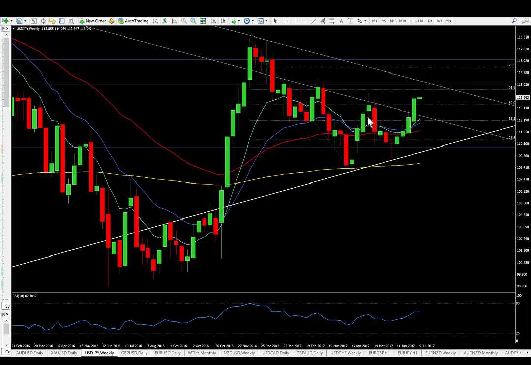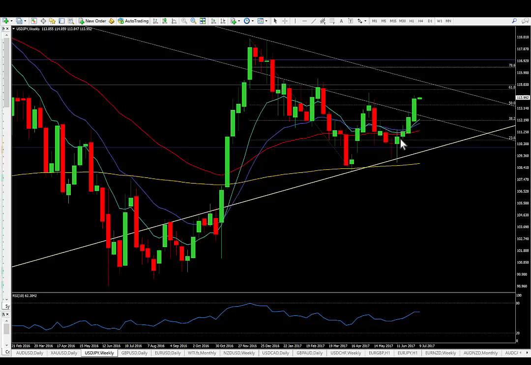But we had a bit of a warning because we got quite a long tail on the top of this bar. Even though it was a little bit bullish, it really didn't have anything like the power that the previous bar had, whereas here we've increased the momentum, plus we've now closed higher than this previous close here. So everything about this tells me again that this is trying to make its way higher.